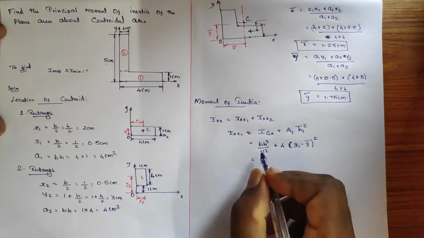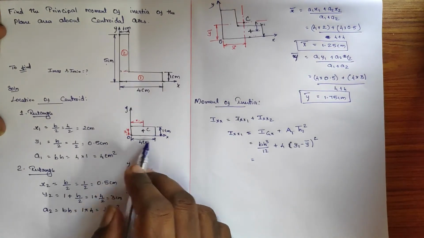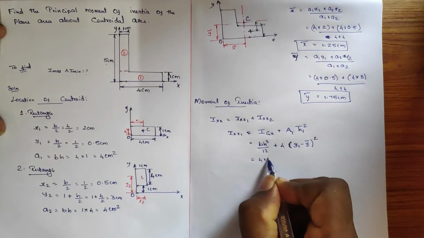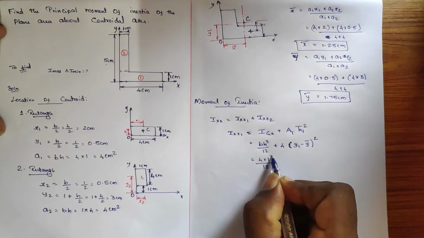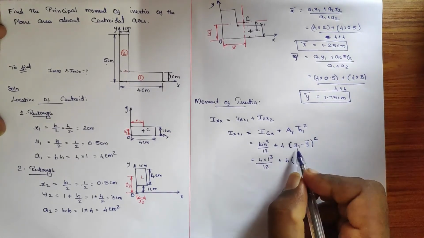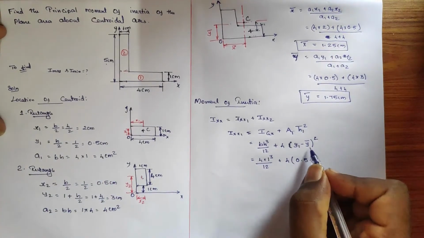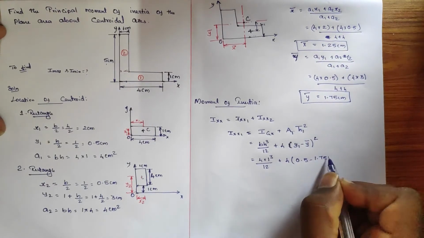If I do the substitution, the breadth, that means the length of the first component, is 4 and thickness is 1, so 4 into 1 cube divided by 12, plus 4 into y1 value 0.5 minus y bar value 1.75, the whole square.